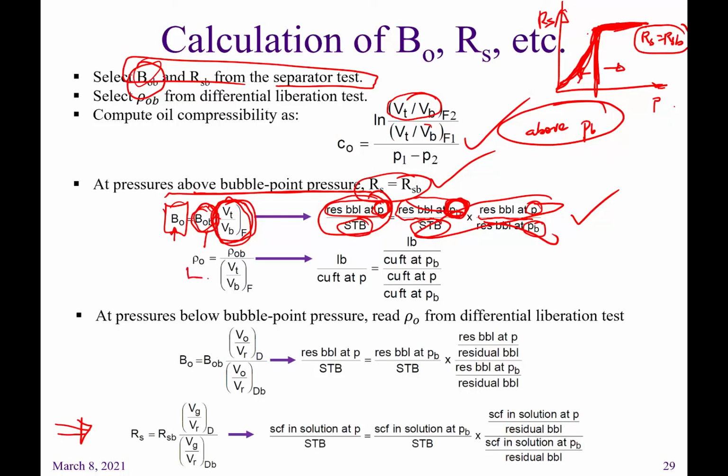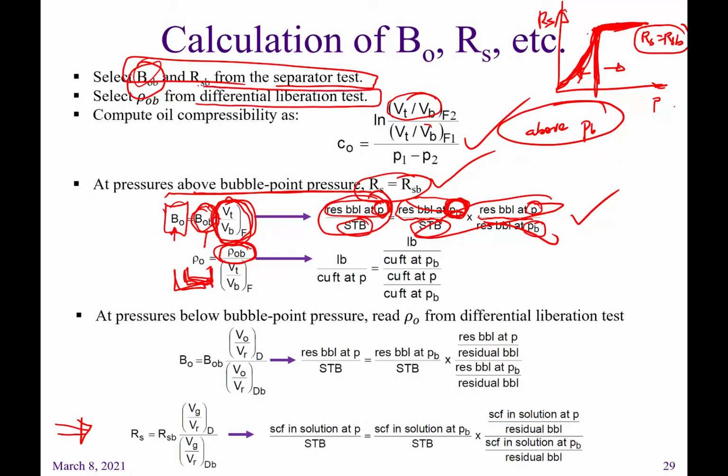How about oil density above bubble point pressure? To get oil density at any reservoir pressure greater than bubble point pressure, you need oil density at bubble point pressure, which comes from what?